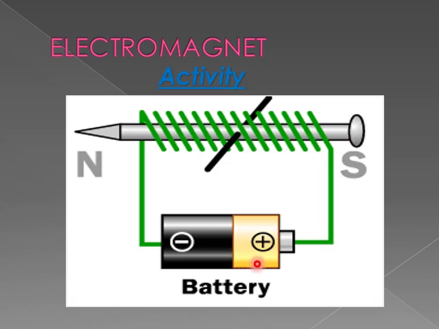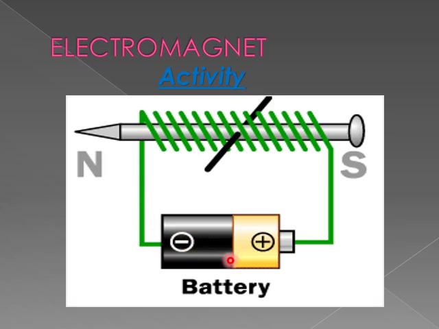When an electric current is passed through the coil, you can use a battery as the electric current source. So here we use the battery for the electric current. My dear students, use a battery, connect the wire to the positive end and coil it around the nail, and the other end of this coil is attached to the negative end of the battery.